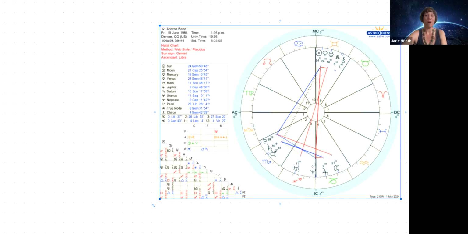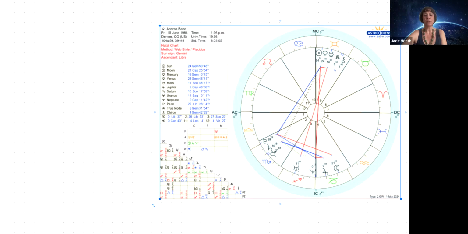So you have Mars, Saturn, and Pluto, the three brothers in Scorpio. So this masculine energy is very geared up towards exerting.